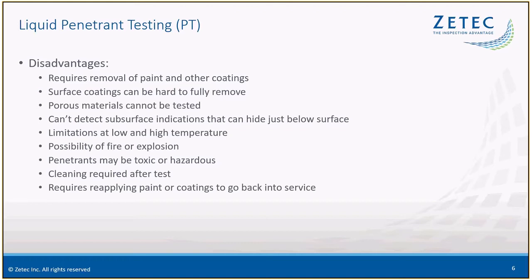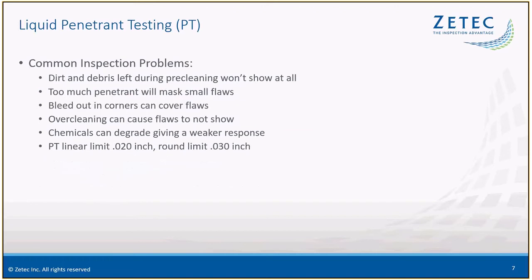Once you're done with the test, you have to clean that area, and then reapply paint or coatings to have that part go back in service if that was required. So it's a pretty time-consuming process. And during the inspection, there can be some problems as well. If you had dirt or debris that wasn't fully cleaned, anything underneath that won't show at all.